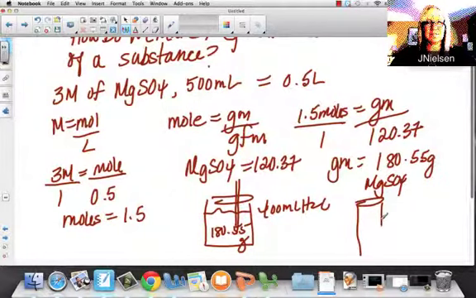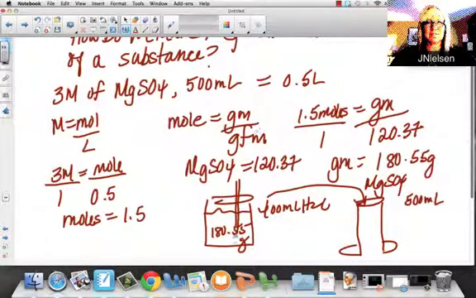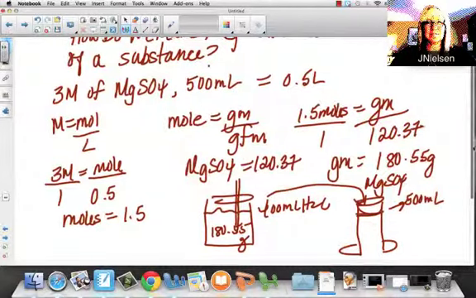Then I go get a flask, a graduated cylinder, and I want to get one that's 500 mils. And I'm going to dump all this dissolved solution in here. And then, obviously, I'm not at 500 because I said I was going to have about 400 in here. Then I'm going to take distilled water and fill it so that the meniscus is just at the 500 milliliter mark. And then I have my solution. And that's what I have to do every time I make solutions.